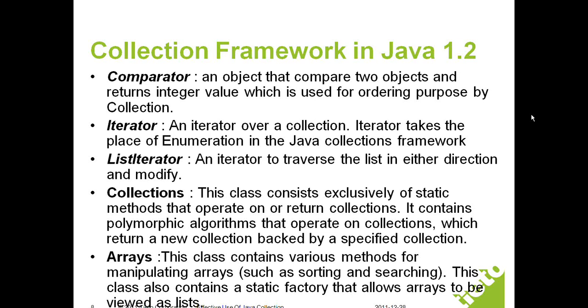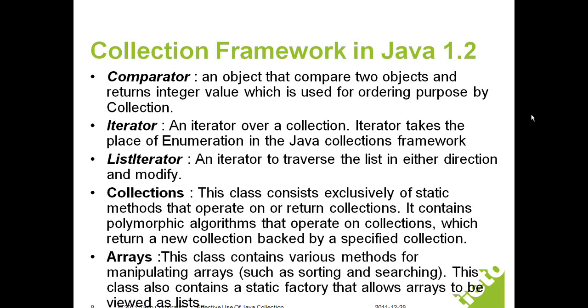It means when one thread is operating on a vector, either inserting, removing, or iterating at the same point of time, another thread cannot work on that. Whereas ArrayList is not a synchronized one, so multiple threads can access it simultaneously.